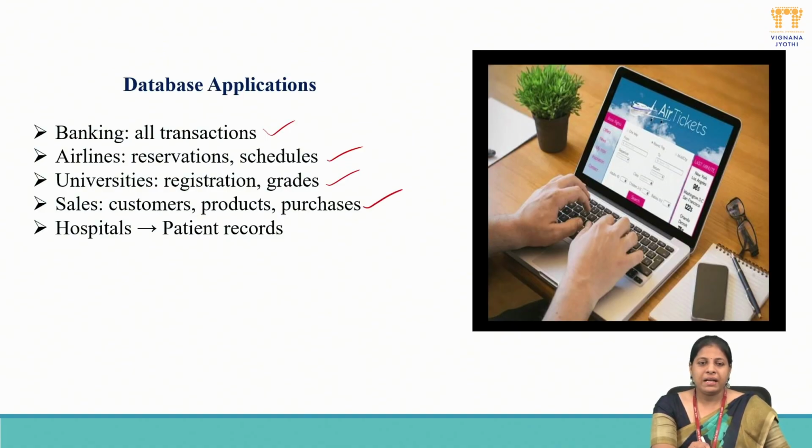Online platforms like Amazon, Flipkart, whenever you book an item, automatically customer data will be stored in that particular database. Hospitals maintain patient records like patient ID, patient name and health reports.